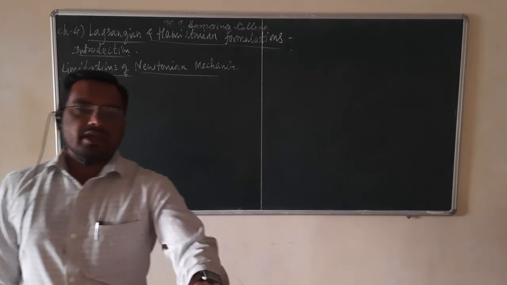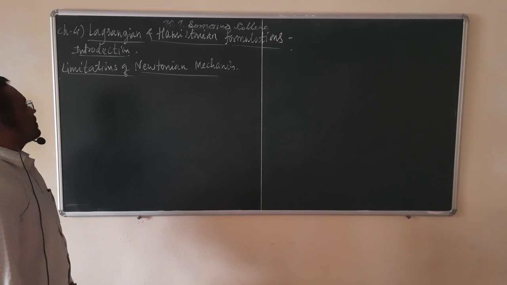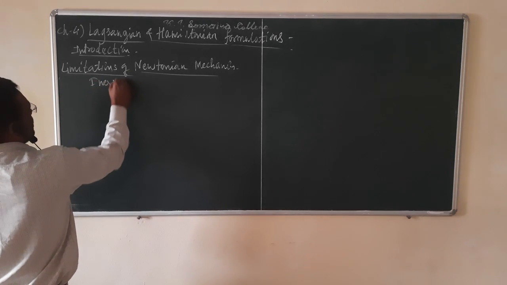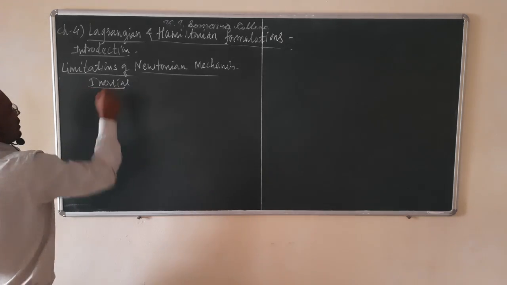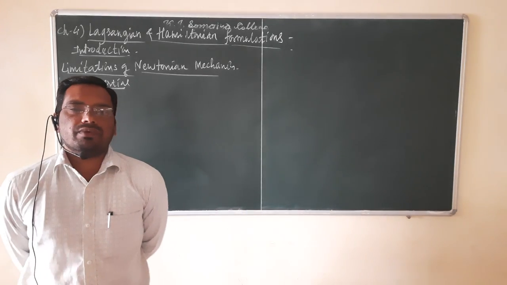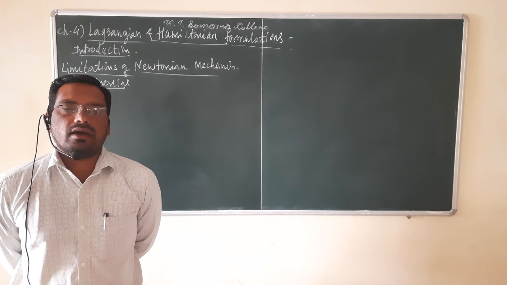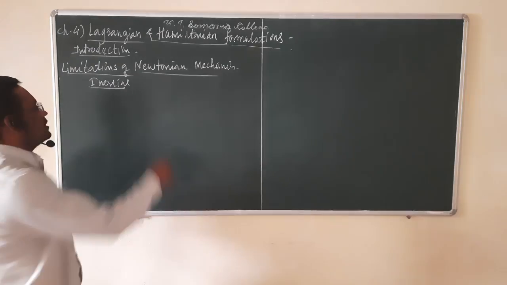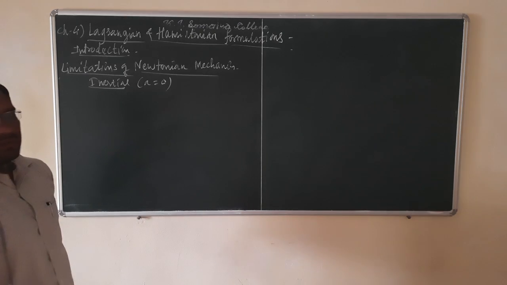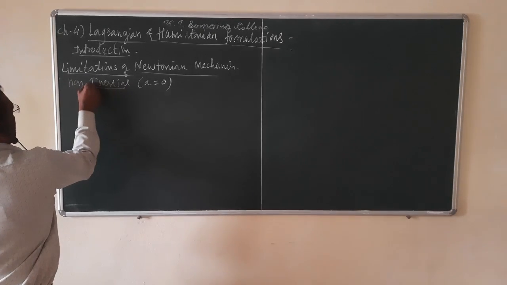First of all, Newtonian mechanics is applicable only for an inertial frame of reference. We know what is meant by an inertial frame of reference: a frame which does not have any acceleration, so acceleration is zero. If the acceleration of the frame is non-zero, then it is known as a non-inertial frame of reference.